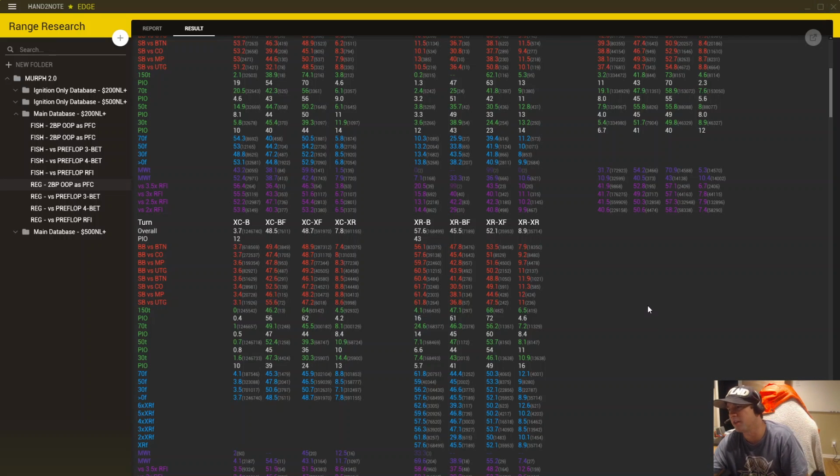Not easily the way I have it set up. I can't just click a button and pop up a different filter. But I mean, I could build such a report if I wanted. I know there's settings in Hand to Note here, that's what this program is that the database is built inside of.